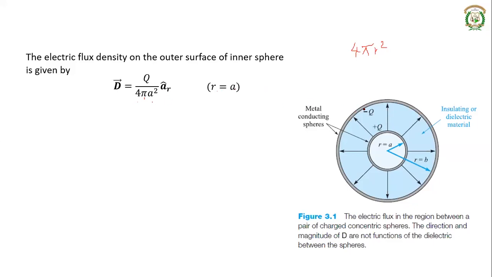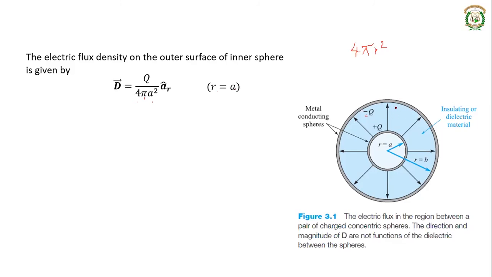Now if you consider the inner surface of the outer sphere, where r is equal to b, the flux is minus q. The area of the surface is 4 pi b square. And what is the direction?